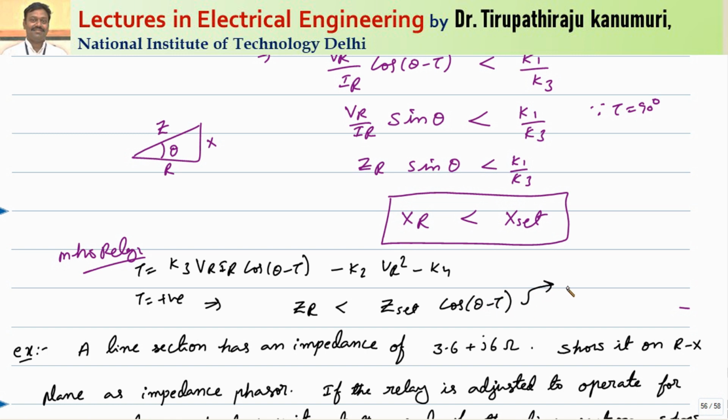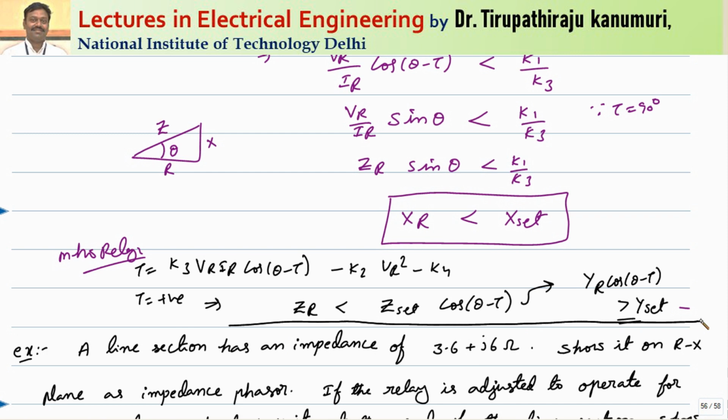Or I can rearrange and write this in terms of admittance. Z set I can bring here, and ZR I can bring to the denominator, so 1 by ZR will become YR. So this will become YR cos(theta minus tau) greater than the value of Y set. Under this condition, your relay will operate.